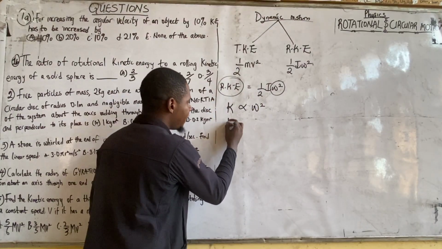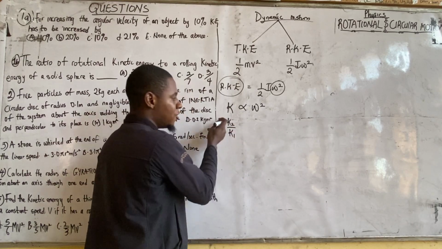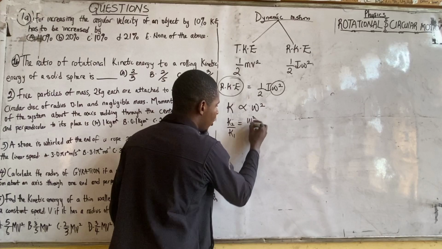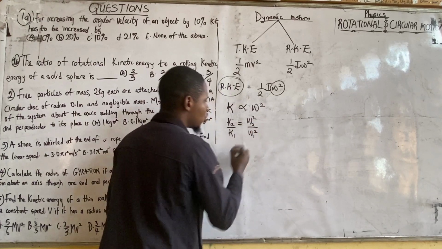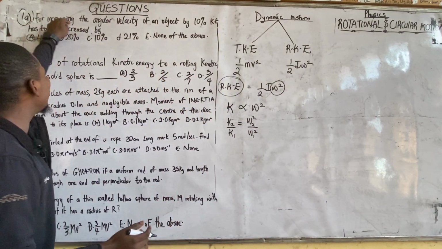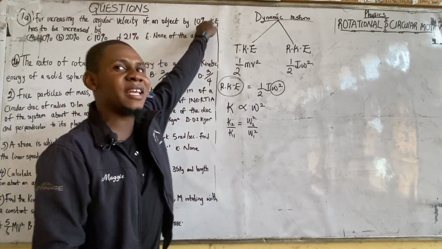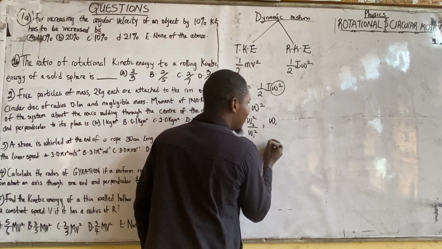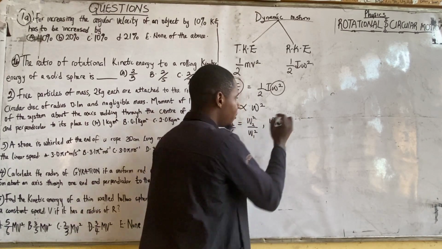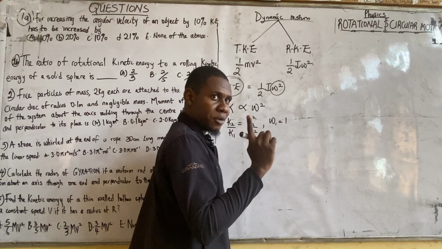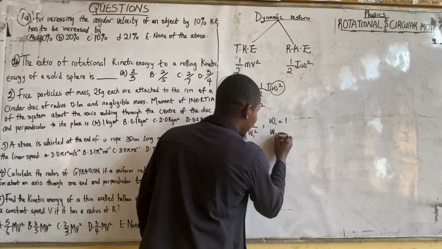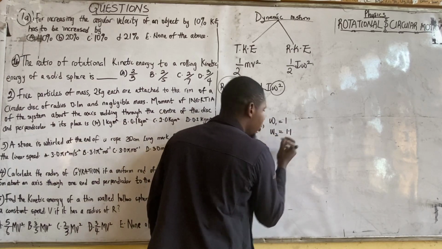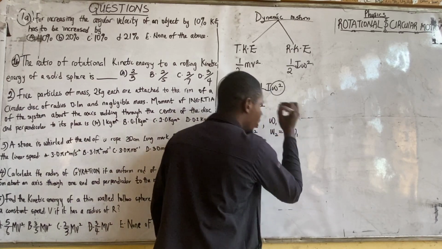Using this formula, K2 over K1, where K means rotational kinetic energy, is equal to omega 2 all squared over omega 1 all squared. Now pay attention. For increasing the angular velocity by 10%, if the initial angular velocity is omega 1, the final angular velocity is 1.1 of omega 1.